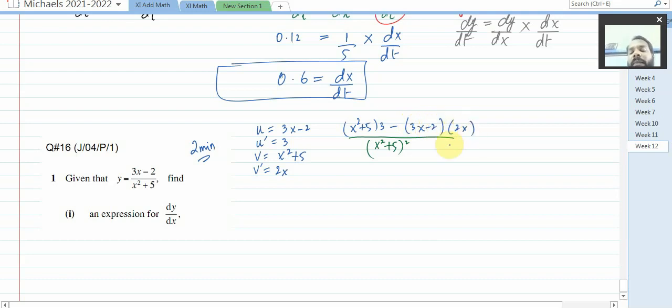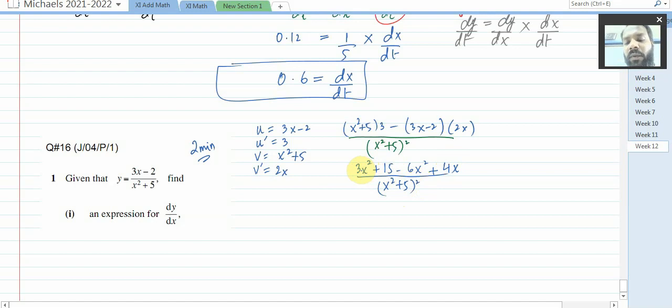Alright, we need to simplify it, so I'm going to expand the brackets in the numerator. So it's 3x squared plus 3 fives are 15, minus 2 times 3 will be 6x squared, minus minus plus 2 twos are 4x, divided by x squared plus 5, whole squared, right?